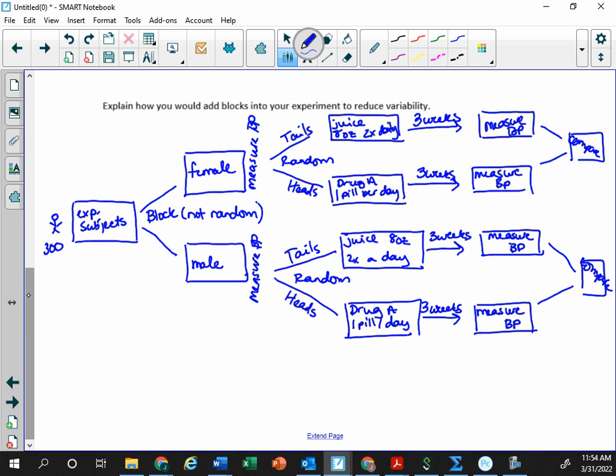In what instances would you choose to block? It completely depends on what it is that you're testing.